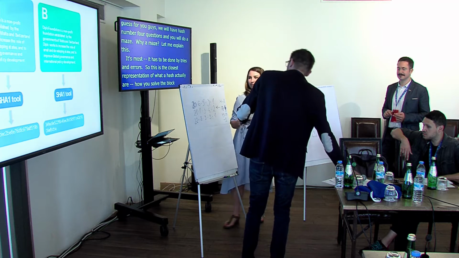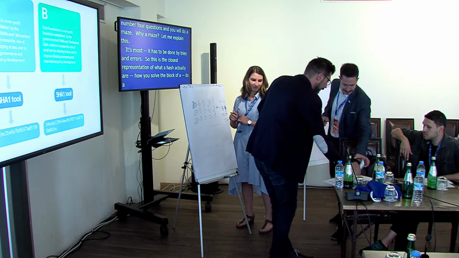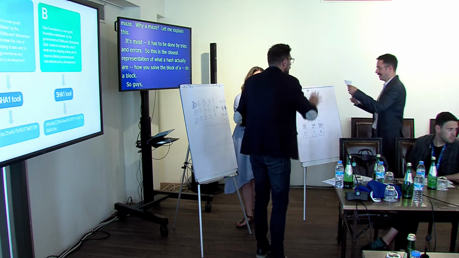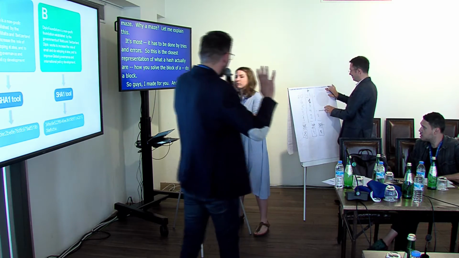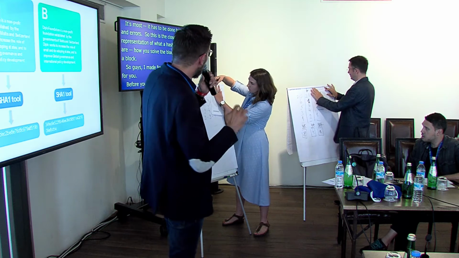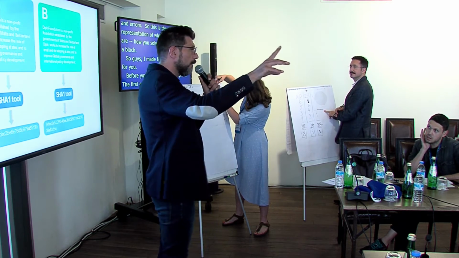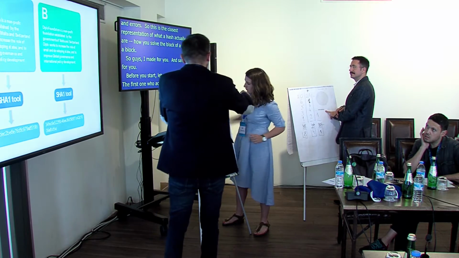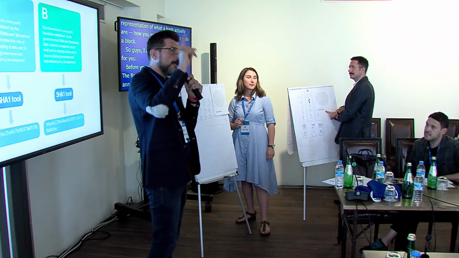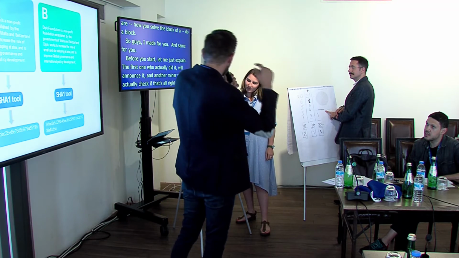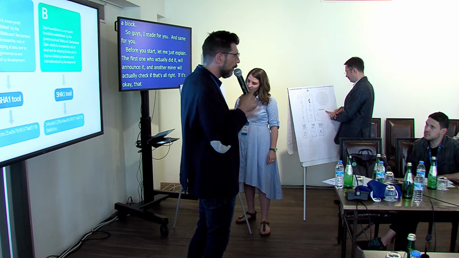So guys, let me do the same maze for you. Before you start, let me just explain. The first one who actually does it will announce it, and another miner will check if it's all right. If it's okay, it's propagated through the network, and that's the solution for this block.